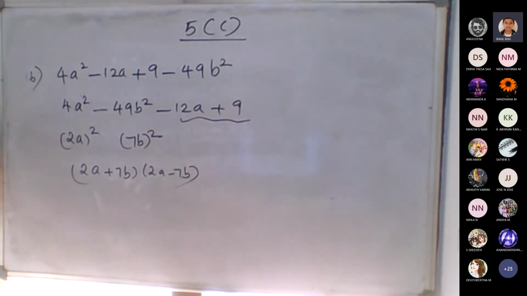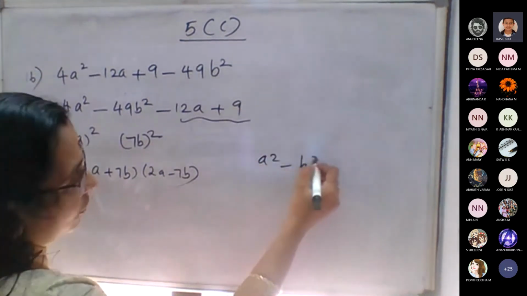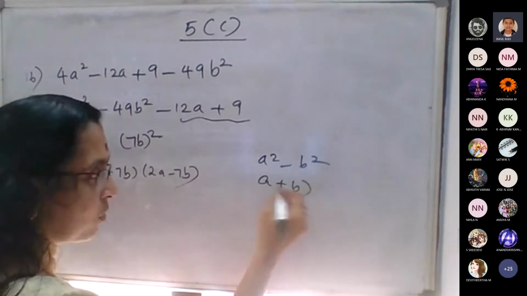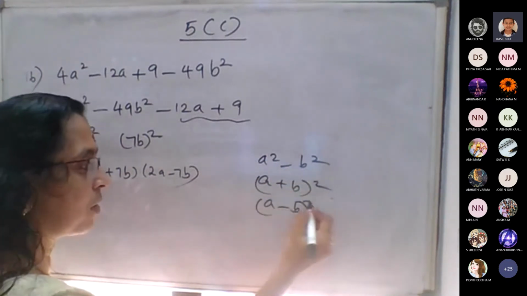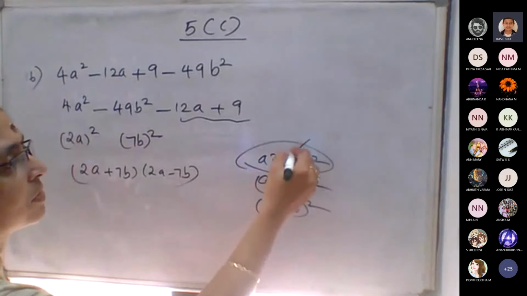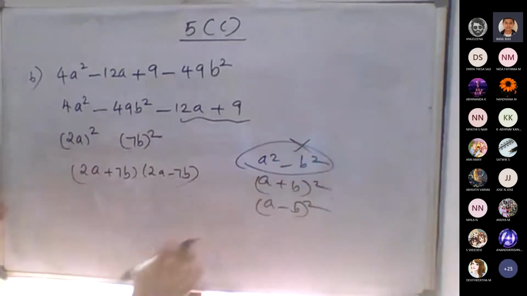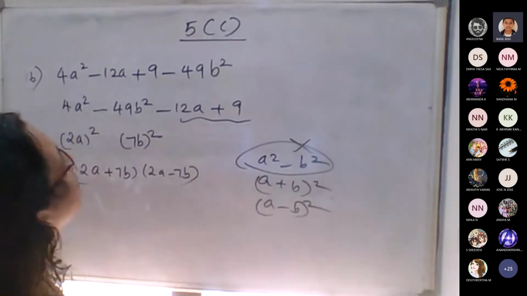So instead of this, one more method. We studied the a square minus b square formula, then the a plus b whole square, and a minus b whole square also. If this is not possible, check with a plus b whole square or a minus b whole square.